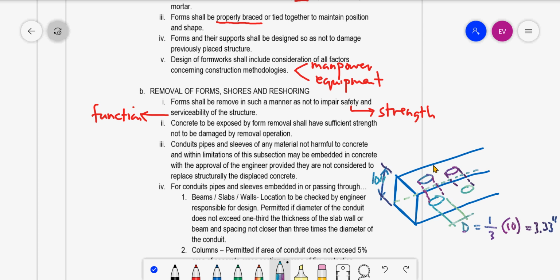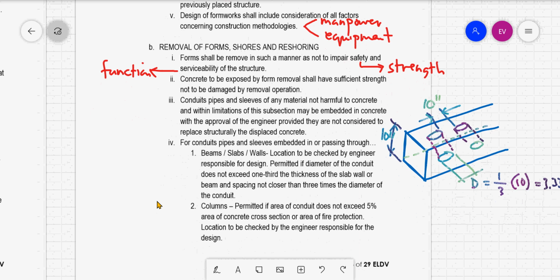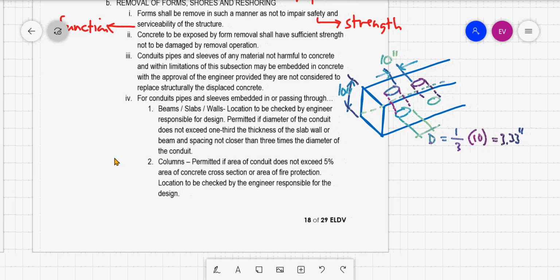So if we put more than one conduit on this side, the spacing in between the two conduits shall not be smaller than 10 inches.